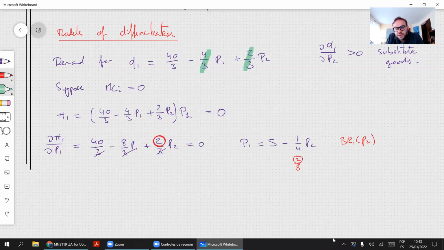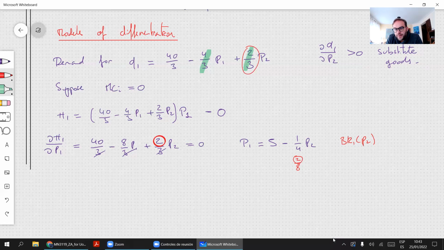So obviously, the larger this coefficient, the more important is the substitution effect, the more I need to react to whatever the other agent is doing. And if I have a large coefficient there, if there's high substitutability, then I'm going to be very sensitive to changes in what the other agent is doing, right?